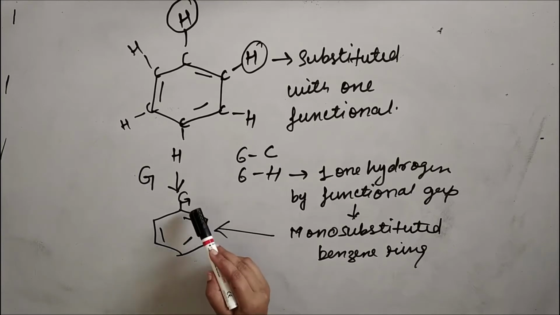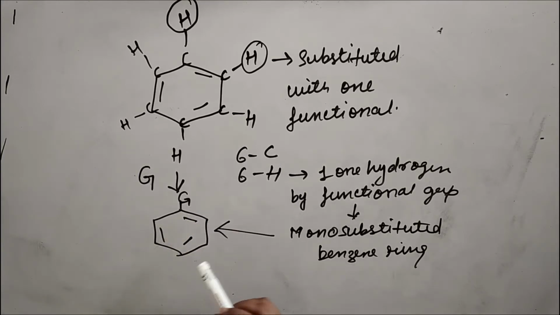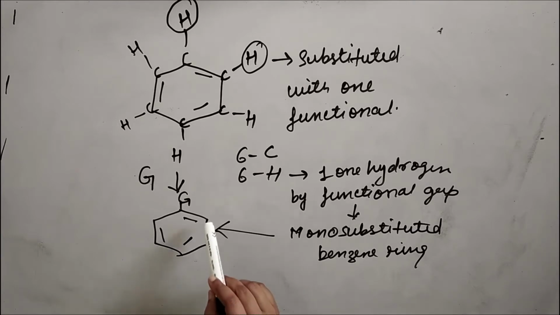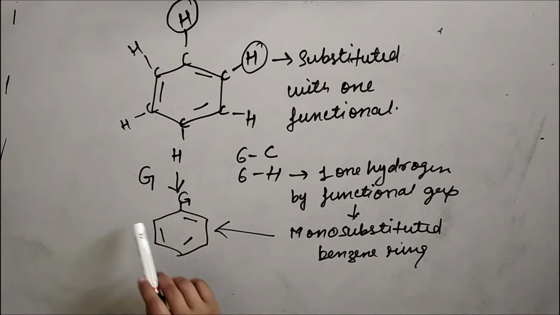Means if one hydrogen is replaced by a functional group, how does it affect substitution at other positions? That is called the effect of the monosubstituted aromatic ring, when one hydrogen is replaced by a functional group, how it affects substitution of another functional group at different positions.